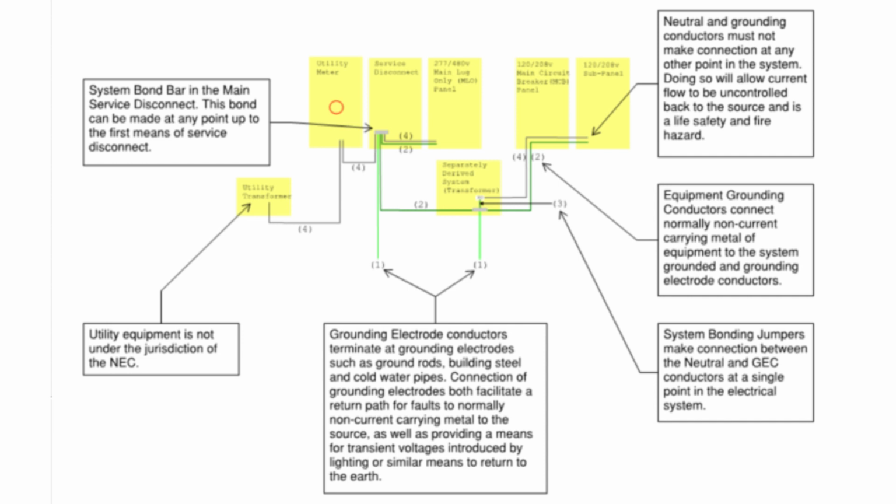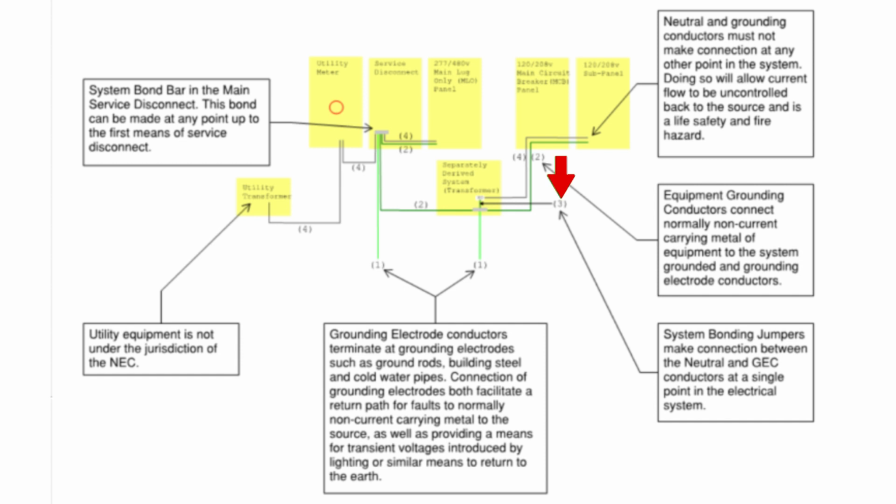But in this illustration, I am showing a yellow square that represents a separately derived system, in this case a transformer. A separately derived system just means that your primary and secondary coils do not have a direct connection. They're only linked through induction. Generators can also be separately derived systems, but we're going to talk about that in another class.